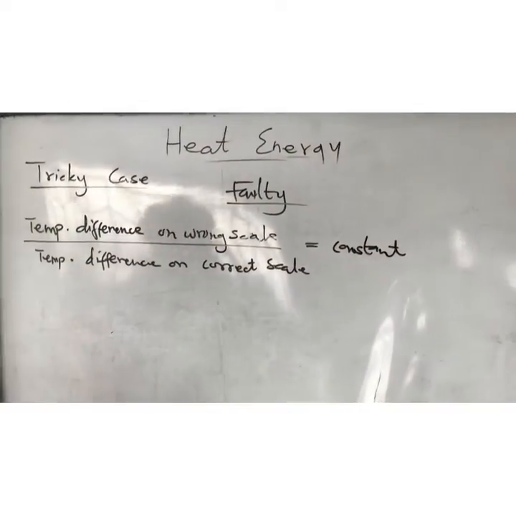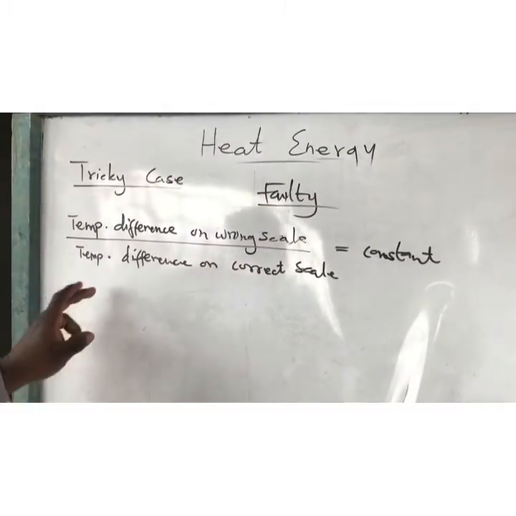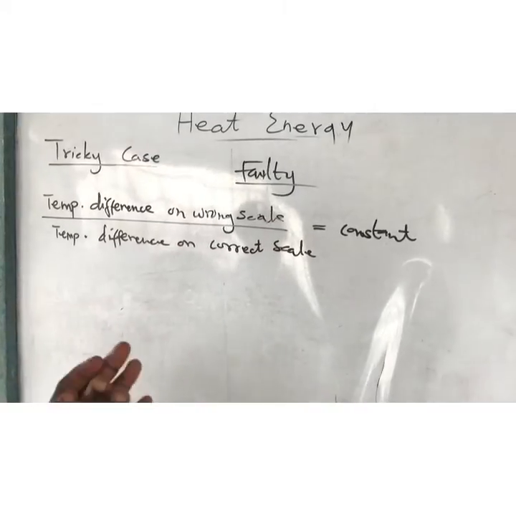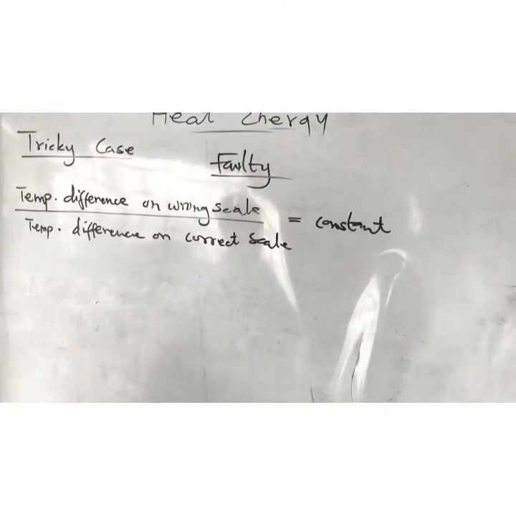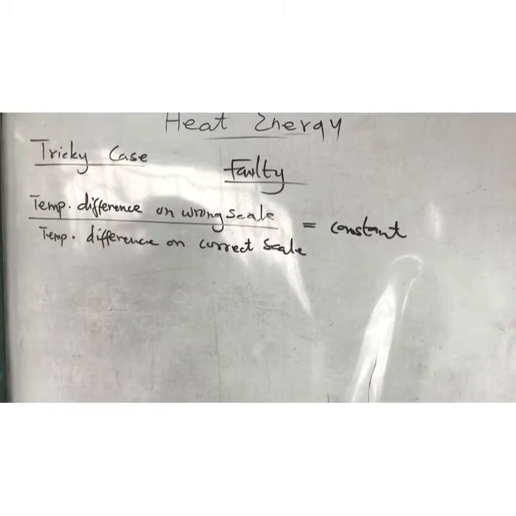Meaning what you wrote here, the same thing. So here will be temperature difference on wrong scale over temperature difference on correct scale is equal to temperature difference on wrong scale over temperature difference on correct scale. So let's look at an example.